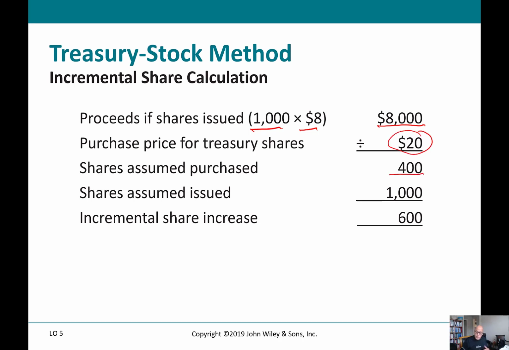That means I could take that $8,000, go out into the open market and reacquire 400 shares of my stock back that had been issued as a result of the exercise of the options. So net, there'd only be 600 shares that would actually be additional issued shares, net of the amount that I had reacquired.